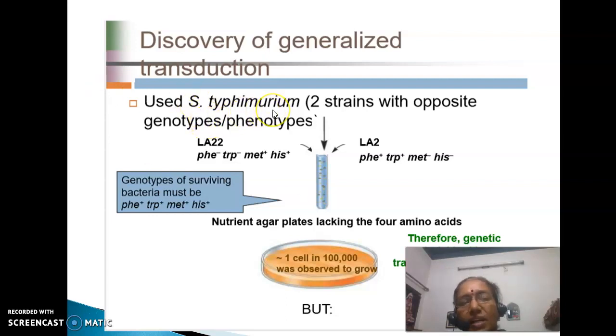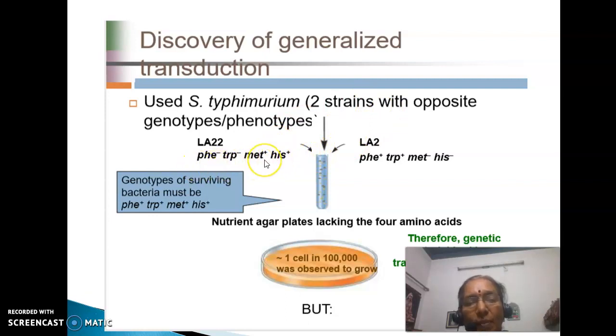Here two strains of Salmonella typhimurium are used, which have different genotypes as well as phenotypes: LA22 and LA2. LA22 is phenylalanine defective, it can't synthesize phenylalanine. Similarly, it can't synthesize tryptophan, but it can synthesize methionine and histidine.